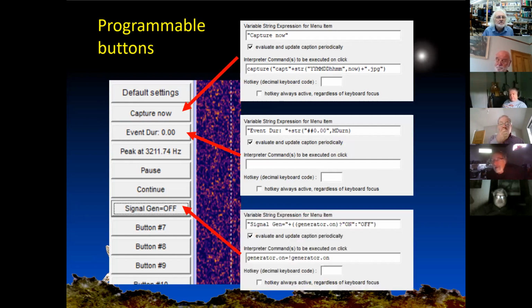And finally, we have this one. The title is signal generator, and then I toggle between signal generator equals off and signal generator equals on. And in the line beneath, that's an actual command to switch the signal generator on and off as I click on that button. I have the signal generator put a tone out at the carrier frequency that I'm expecting to see.